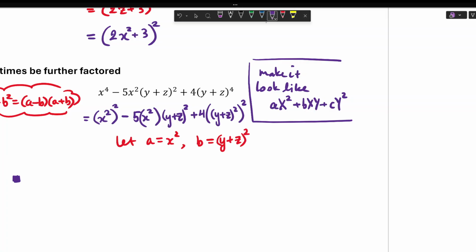When you do that, you're going to get a squared minus 5ab plus 4b squared. And hey, that's pretty easy to factor now. So you're going to find that that's going to be a minus 4b times a minus b.